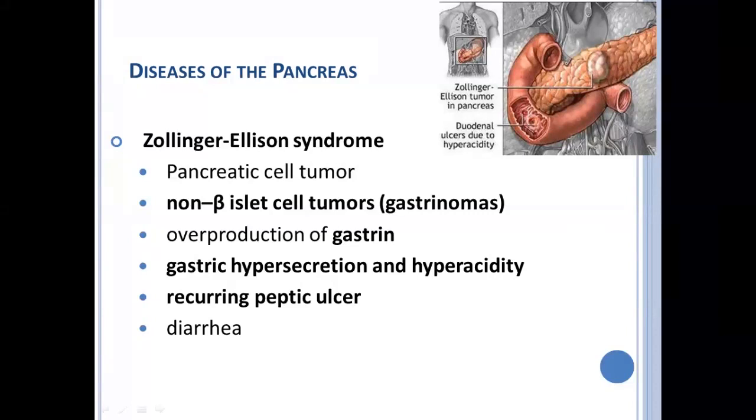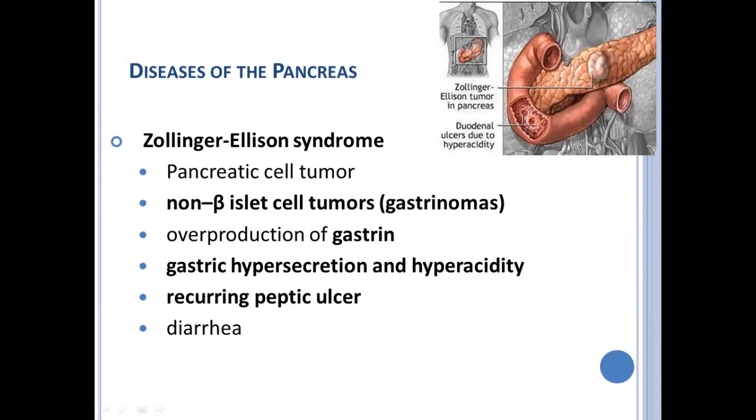And again, I said earlier that gastrin stimulates the parietal cells to produce acid or HCl. Kaya nga, this is associated with hypersecretion and hyperacidity. And dahil sobrang acid niya, pagpunta dun sa duodenum, nagkakaroon ng ulcers doon. So there's the recurring peptic ulcer.